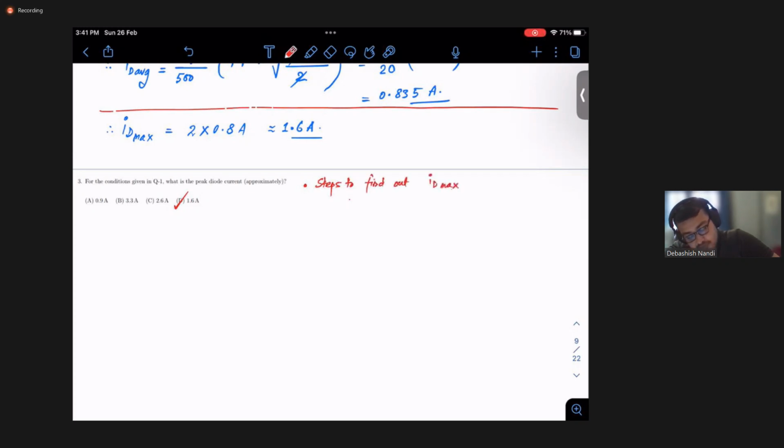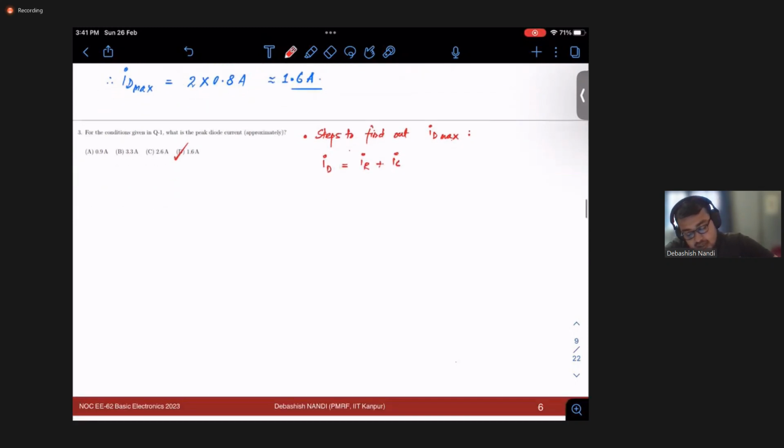ID max or peak diode current, you know that ID is nothing but your IR plus IC, right? And how can you write your IC? IR plus C dV dt, right? From this equation, you can find out your ID max.